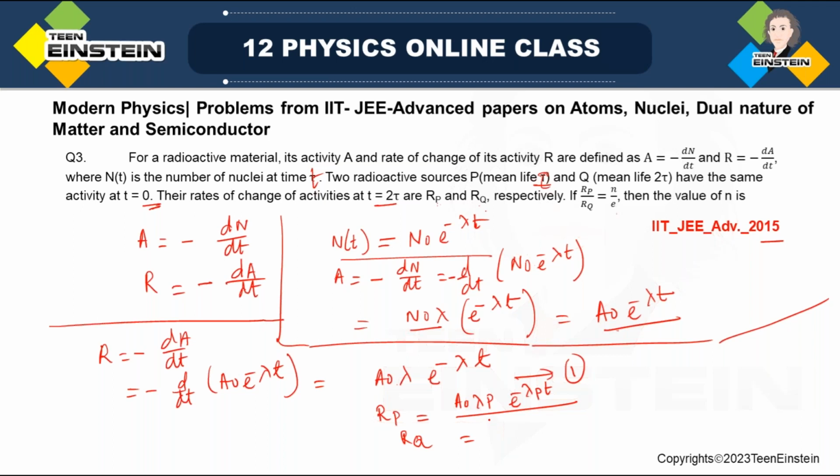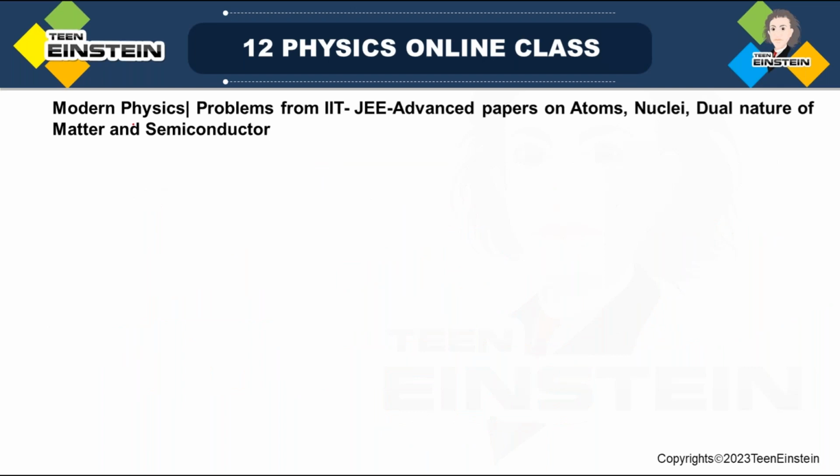This Rq also can be written as A0 lambda q e to the power minus lambda q into t. This is how we can write these two. And then if I take the ratio Rp by Rq, this is A0 lambda p e to the power minus lambda p t divided by A0 lambda q e to the power minus lambda q t.